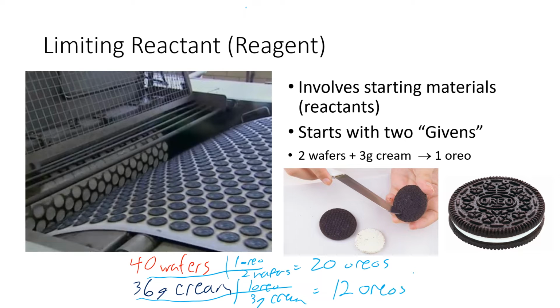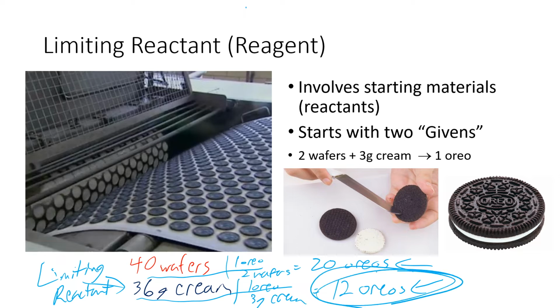So even though you have enough wafers for 20, the reality is you can only make 12 because you're limited by your cream, right? Your cream is limiting you. The wafers aren't limiting you. So we would say that the cream is the limiting reactant because it makes the least number of Oreos.